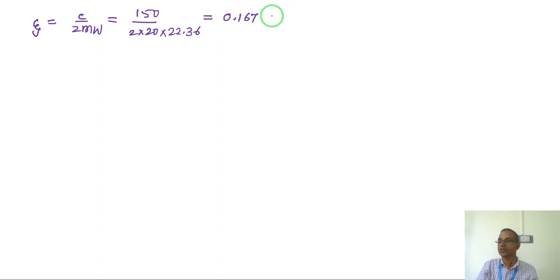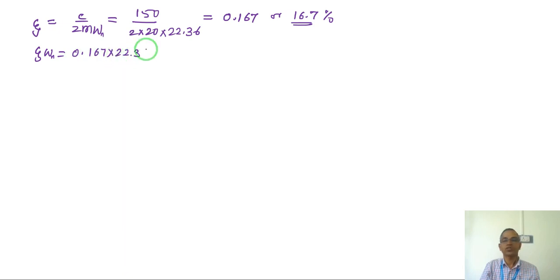That means approximately 16.7%, more than 10%. You can also find out xi omega n by multiplying these two quantities, because everywhere it is xi omega n. So 0.167 into 22.36 will be approximately 3.7.